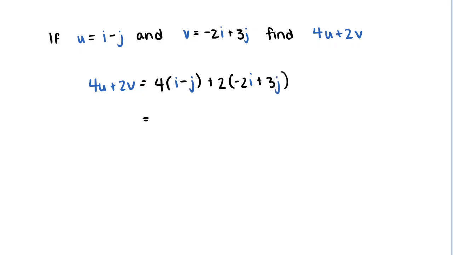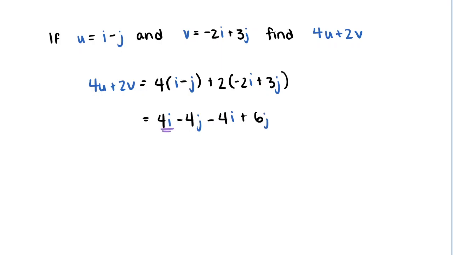And so we can just distribute our 4. We get 4i minus 4j. And we can distribute our 2, giving us minus 4i plus 6j. And then we have some like terms here.